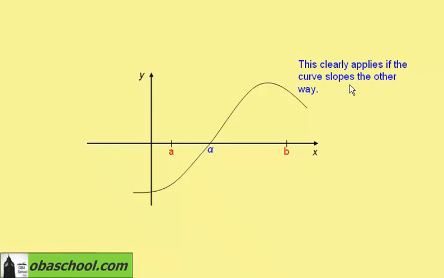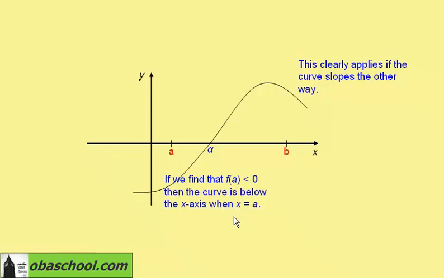This clearly applies if the curve slopes the other way. If we find that f of a is less than 0, then the curve is below the x-axis when x equals a. If we find that f of b is greater than 0, then the curve is above the x-axis when x equals b.